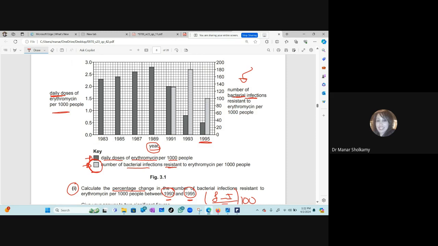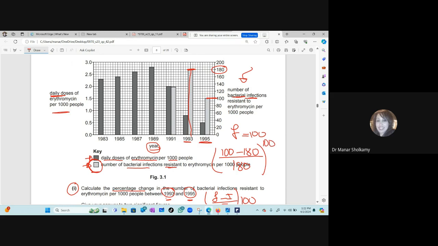Just be careful. So we will go to the light bar and the final value will be 100. And the initial will be 1993. I'll go to 1993, to the light bar. The value will be 180. So it will be 100 minus 180, over the starting value 180, times 100.